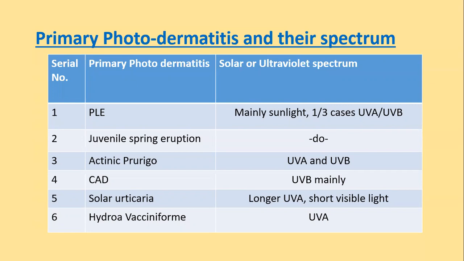But in actinic prurigo, it is mainly UVA and UVB, and the sunlight does not have much role. In chronic actinic dermatitis, the main spectrum is UVB. In solar urticaria, it is mainly UVA and short visible light. And in hydroa vacciniforme, it is UVA.